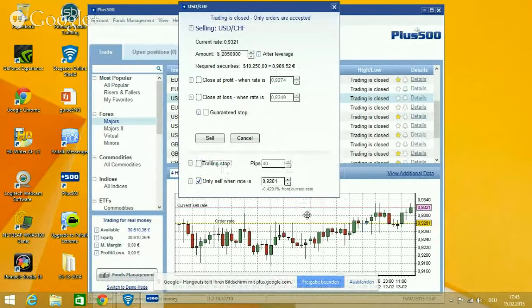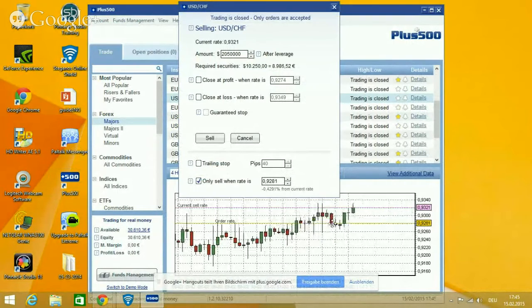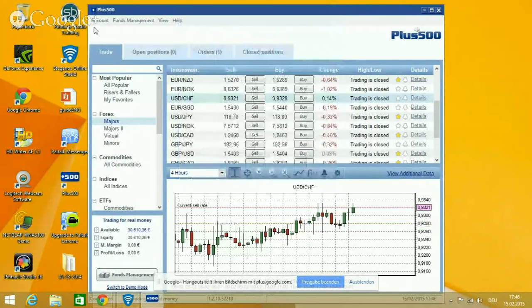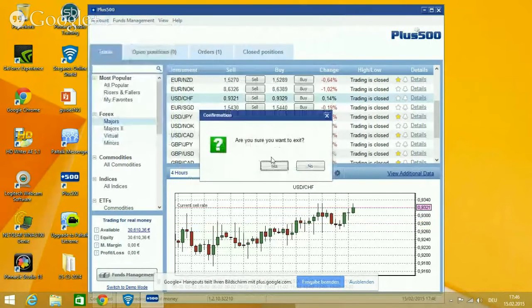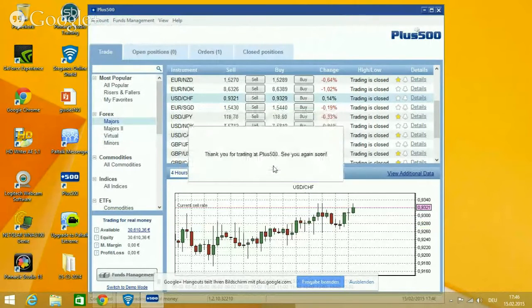If you're already in profit and the market moves against you, like say you bought right here, and you're still in the trade and the market starts to go down, this will stop your trade. So you're still in profit, meaning you won't have the full profit as you did before, but it's better than taking a loss. So that's, like I said, 20 times better than using a stop loss.